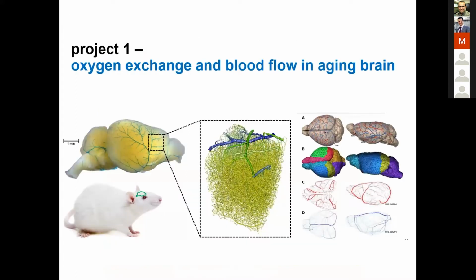One of the projects that we currently pursue is to dive into the microvasculature of animals and of human brains. Here you see a picture of 2-photon image acquired microcirculatory networks for the mouse.